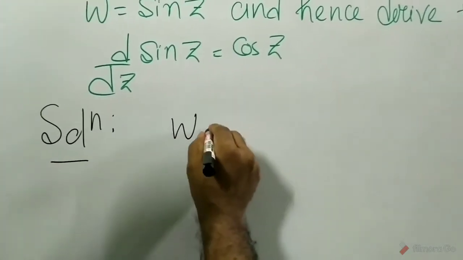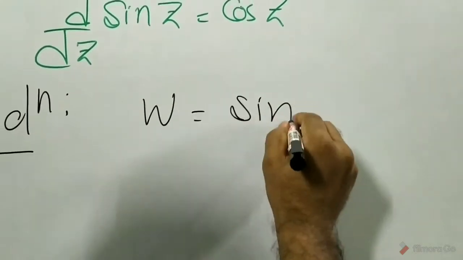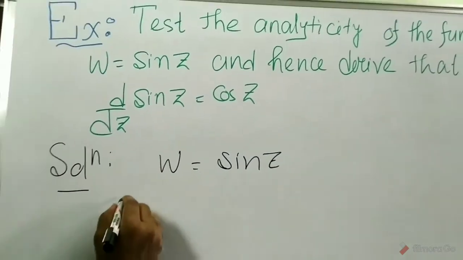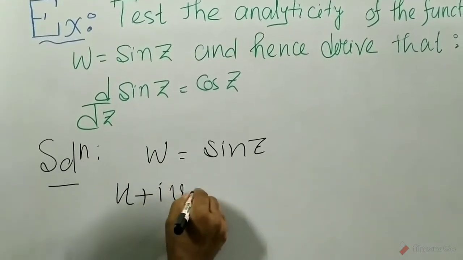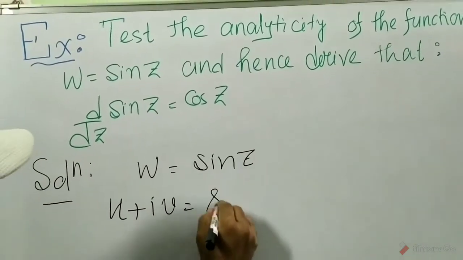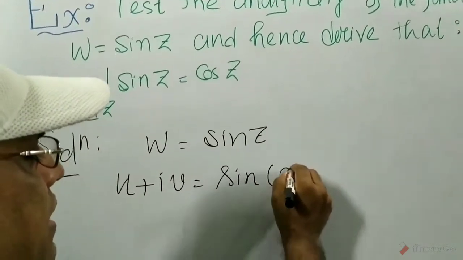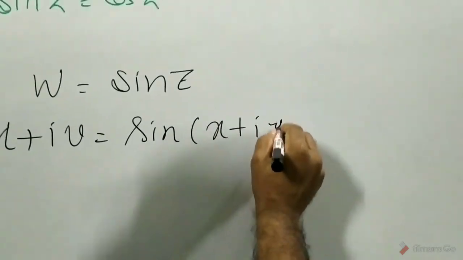W is given as sin z. W means u plus iv, and in sin z, z means x plus iy.